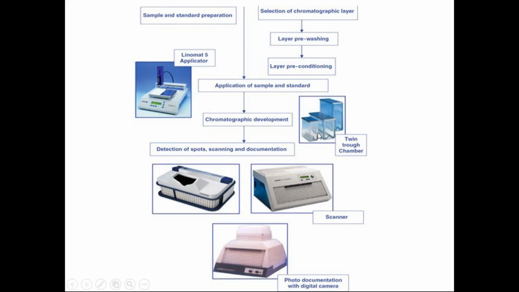Then it is developed as usual in the chromatographic chambers, and then the detection and scanning of the spots is done by the automated scanners. So you can develop it, you can detect it with the scanner, and you can do the documentation. So it is just the automation of many of the manual techniques in HPTLC.